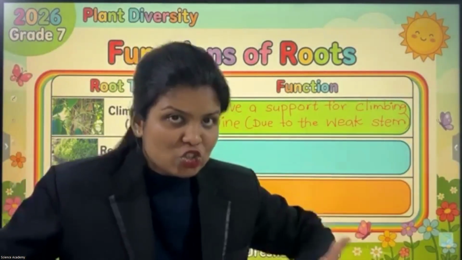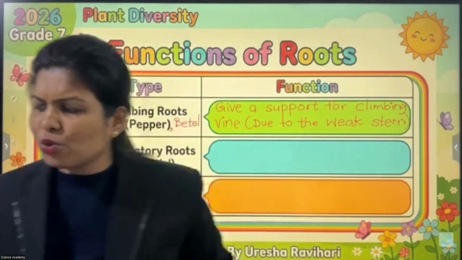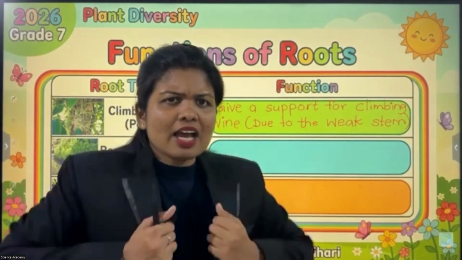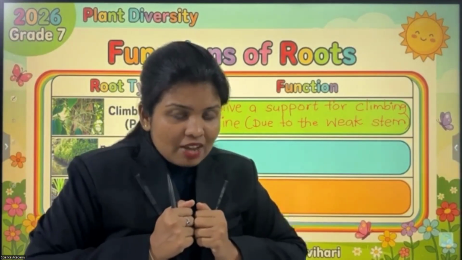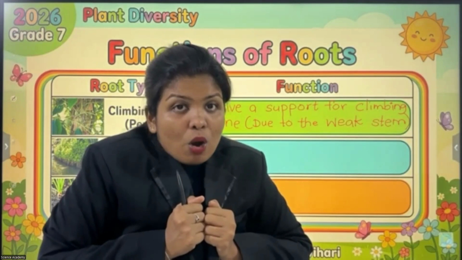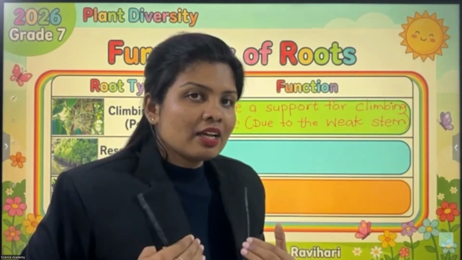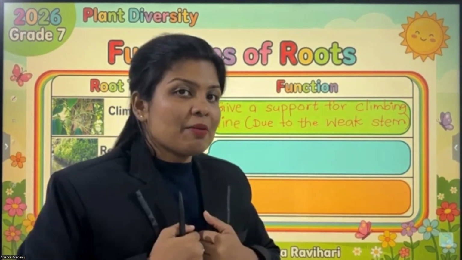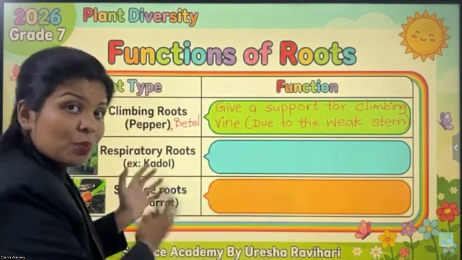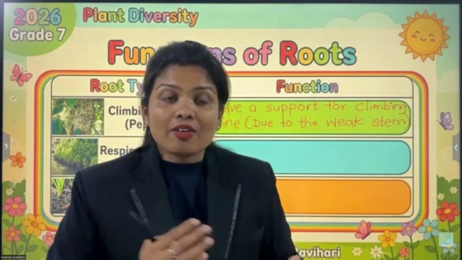a kind of special adaptation, right? Adaptation. You know, when winter comes, we are wearing jerseys, right? And sometimes we wear coats, to get rid of the low temperature. Here, children, respiratory roots also are a special kind of adaptation.